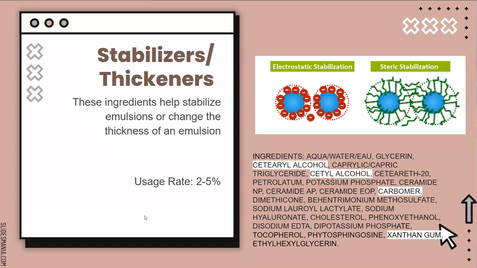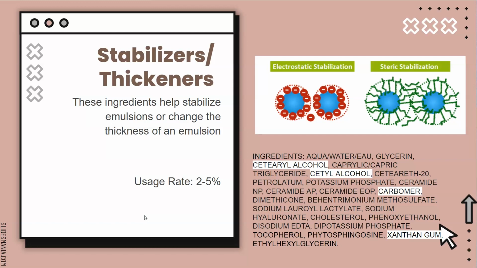Electrostatic stabilization involves the use of charge. Since we mentioned a while ago that certain emulsifiers are anionic, or they have a negative charge on their head, and some are cationic, which means that they have a positive charge on their head that are pointed outside. This means that an emulsion micelle would have an overall negative charge on the outside.